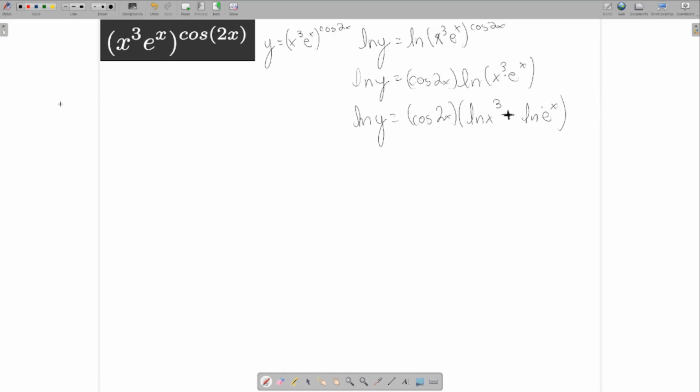So let's take the derivative of both sides. Let's do it over here so we have more space. Y prime over y, as we know, is equal to the derivative of cosine 2x times the natural log of x cubed plus natural log of e to the x, and the product rule.